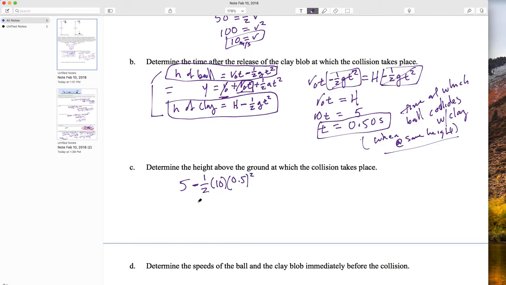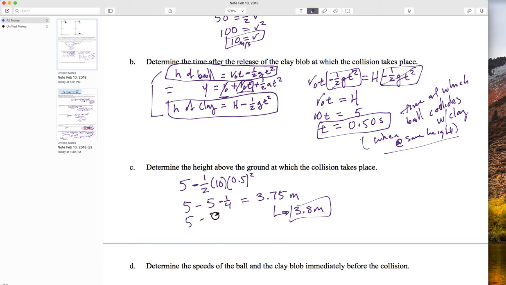So that is 5 minus 5 times 1/4, which is equal to 3.75 meters. Rounding up with 2 significant digits to 3.8 meters.